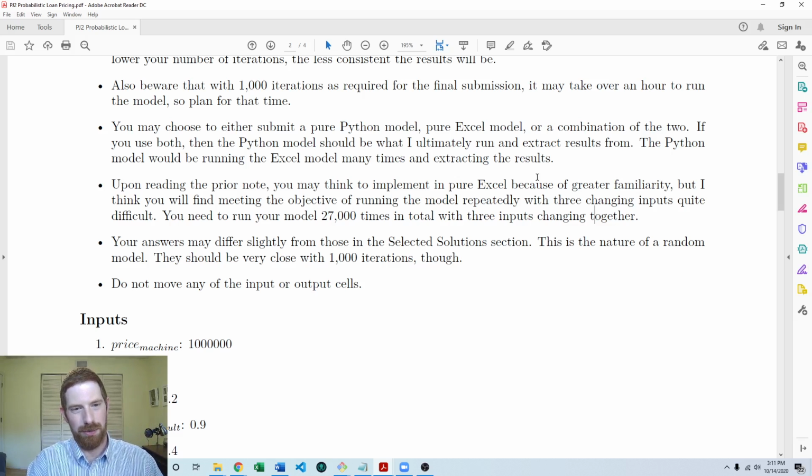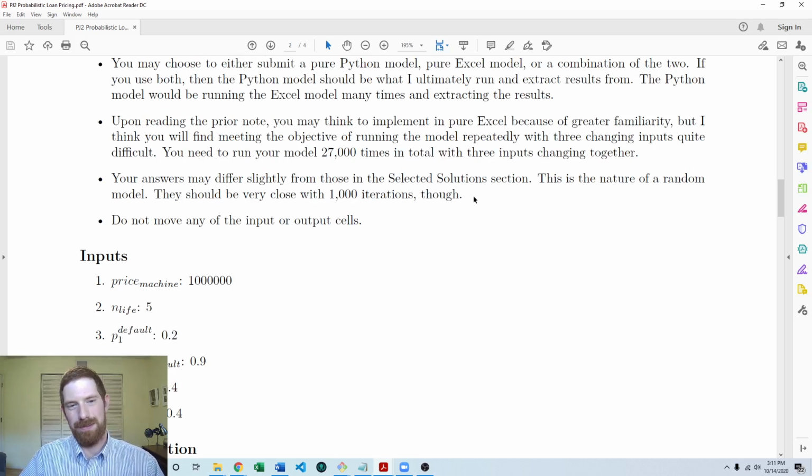So then you can still work mostly in Excel and use Python for something that it really excels in. Though I have seen many students just go with pure Python on this project, and I think that's a good choice as well.